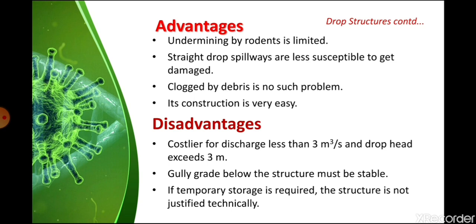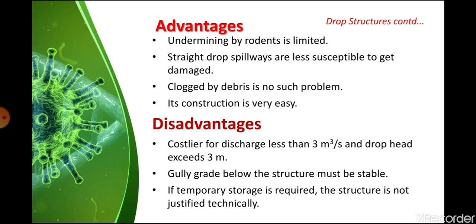So easy to build is the advantage, but cost is the major concern for the farmers or the designers. It is a little costlier, and it could discharge less than 3 meter cube per second, where drop head could not exceed 3 meter.